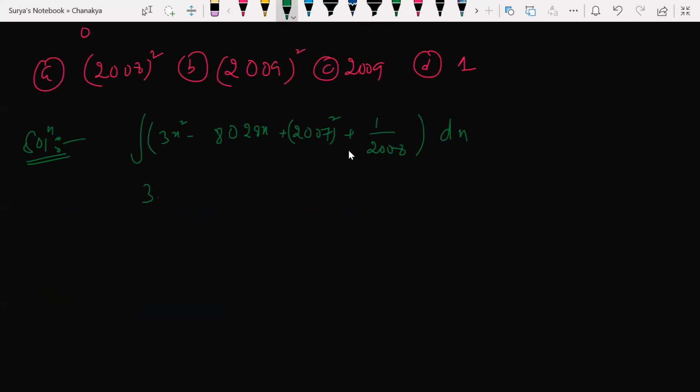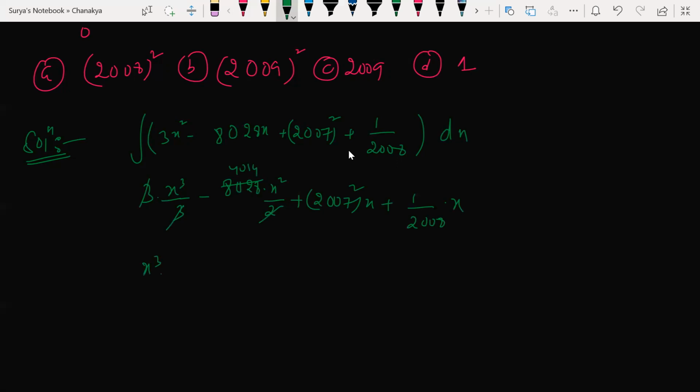Now, normal integration is what? Integration of 3x square is 3 as it is, x cube by 3, minus integration of this thing, 8028 into x square by 2. Next integration of this thing is 2007 whole square into x, plus integration of this is 2008 into x. Okay, 3 will get cancelled. 2 ones 2, 4014.